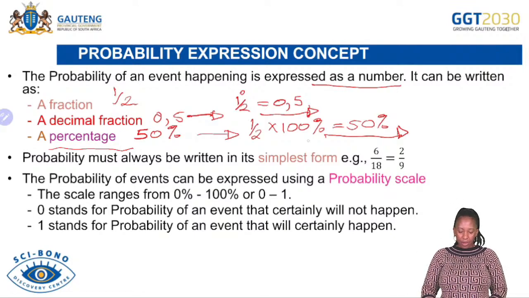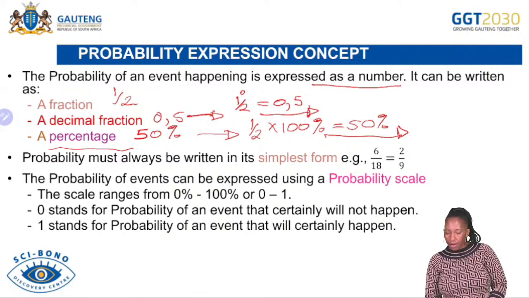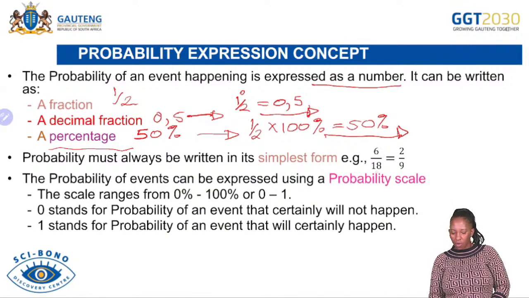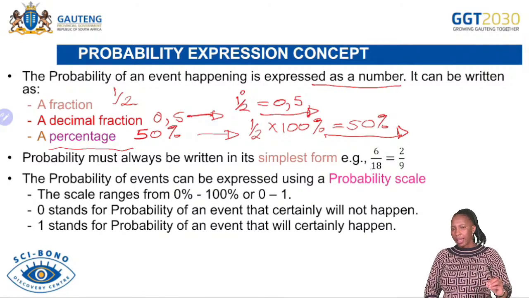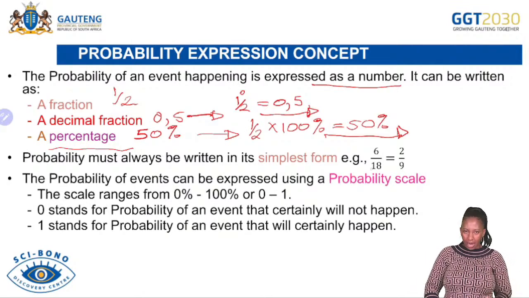Now, probability must always be written in its simplest form. So what do they mean? For example, if your answer is 6/18, there are 6 possible outcomes out of the total number of 18 possible outcomes. So it means we got 6 results out of the 18 possible outcomes.